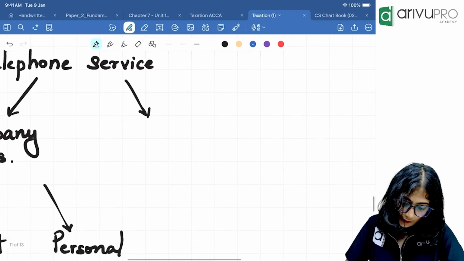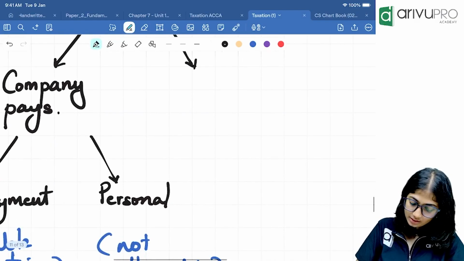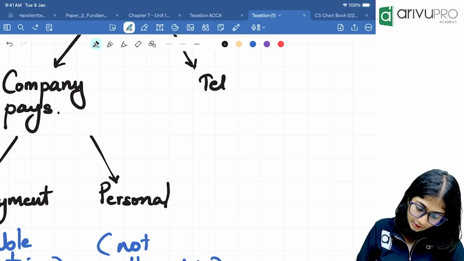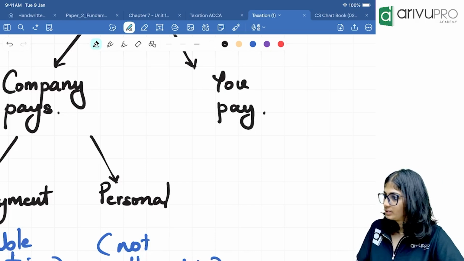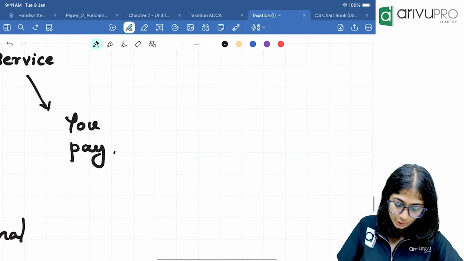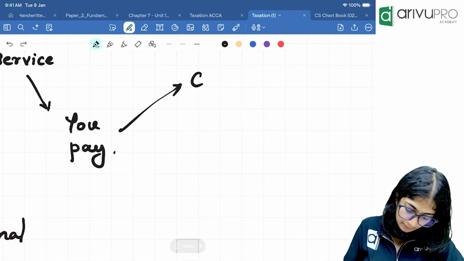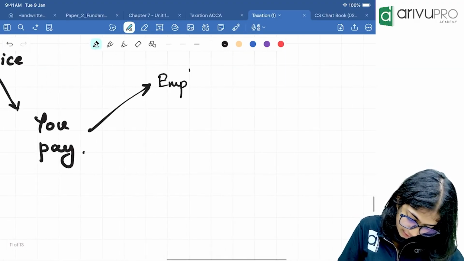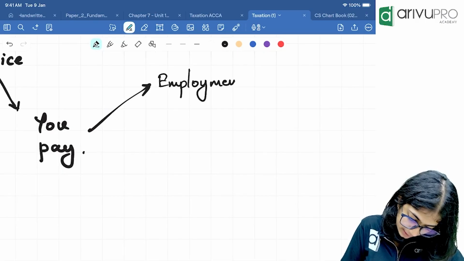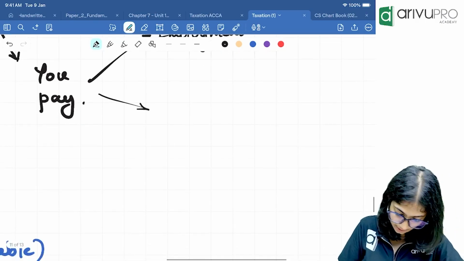Okay. Now, let's say you are paying for that telephone service. Company pays. You pay. Let's say you pay for the telephone service. Now, the same thing applies. You're either using it for employment purposes or you're using it for personal purpose. Correct?